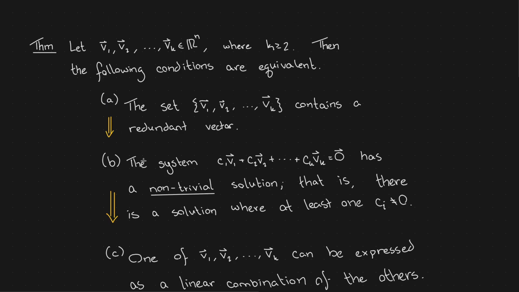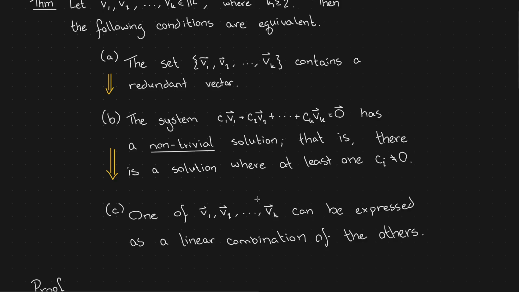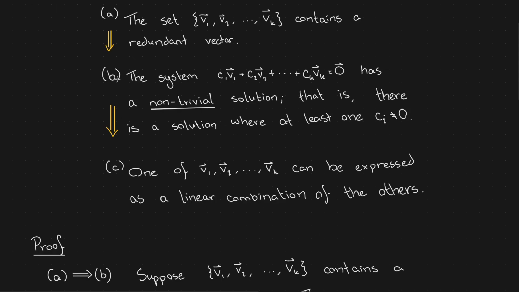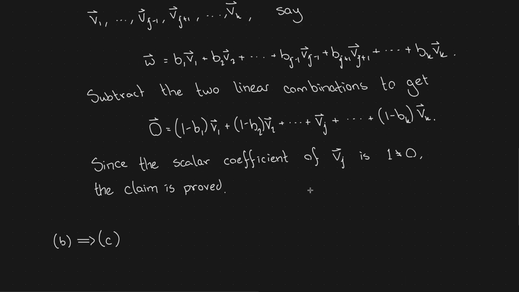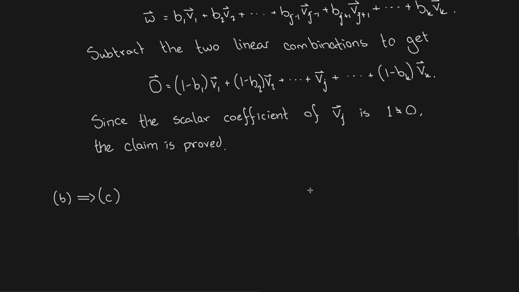It's not just enough to show that if A is true, then B is true. I need to show if any one of these is true, then all of them are true. Okay? So now we're going to assume B is true and show that C is true. Now I will say I think this first part's the hardest part, so hopefully that makes sense. This next part should be a little bit easier.